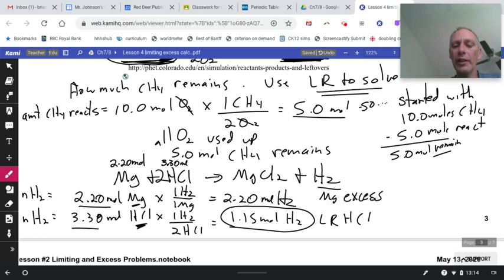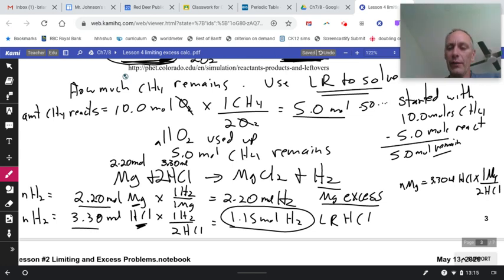So if we wanted to calculate the amount of magnesium that remains, we would start off with our limiting reagent. So number of moles of magnesium that remain. Oh, this is going to get messy. I don't have much room here. Start with the limiting reagent, 3.30 moles of HCl times, from our balanced equation, 1 magnesium for every 2 HCl.